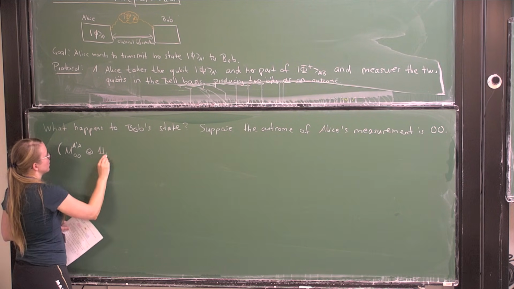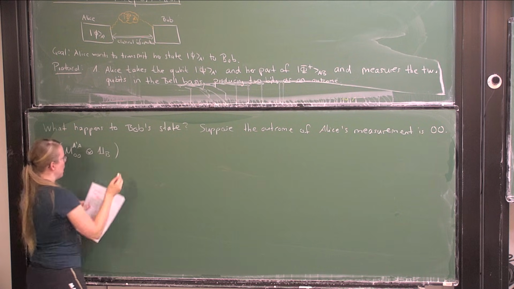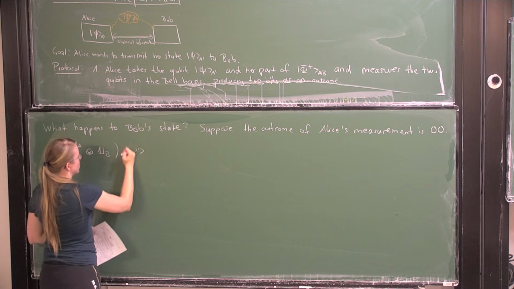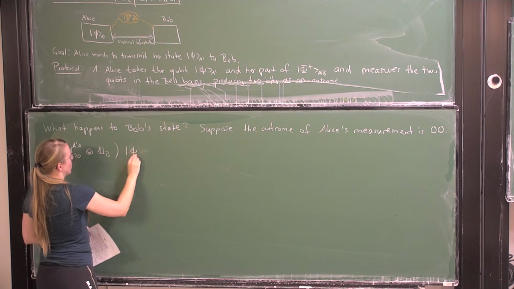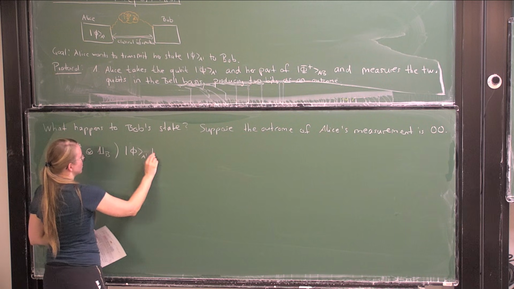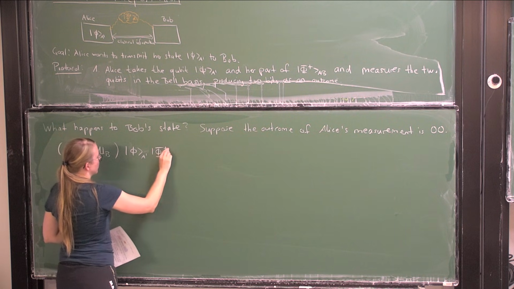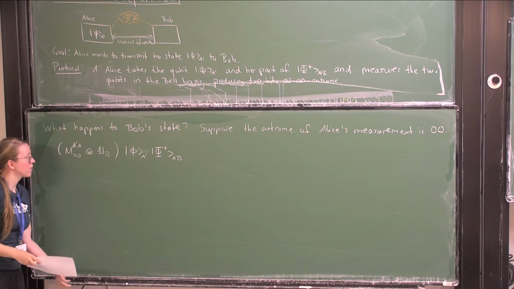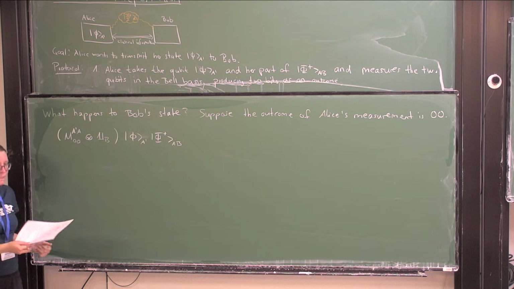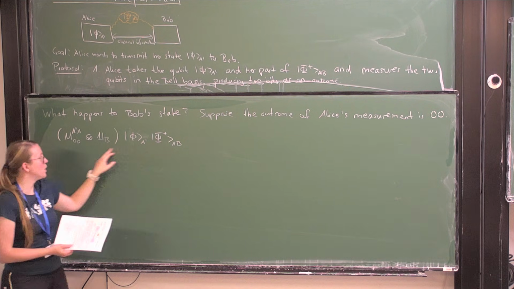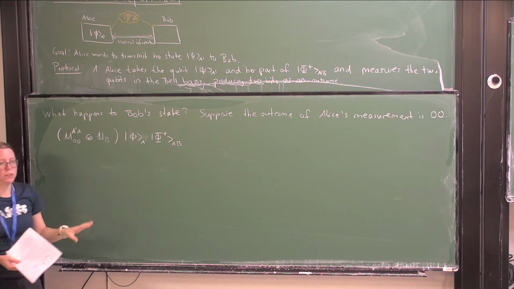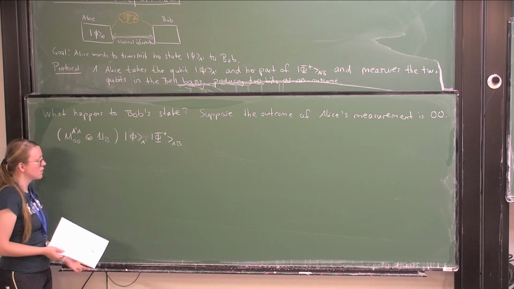Bob hasn't done anything. Apply this to all the systems involved: phi plus on A prime, and then phi plus on A B. To properly calculate the post-measurement state, we would also need to renormalize it in the end, dividing by the probability that this happens. But I will leave it out for now to not make it more complicated.